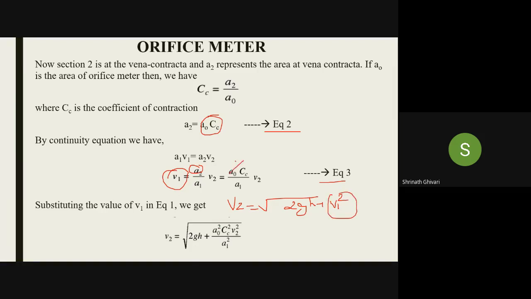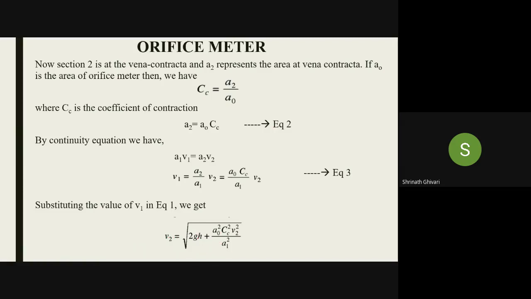It will be A0 square, Cc square, V2 square divided by A1 square. This is our equation 1 in which I have substituted the value of V1. Understood? So there are three equations which we have got, and we have found out the value of V2.